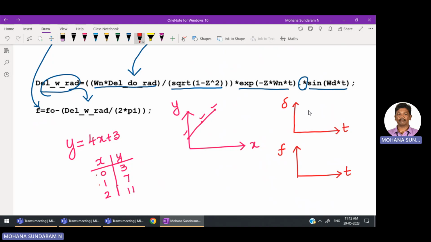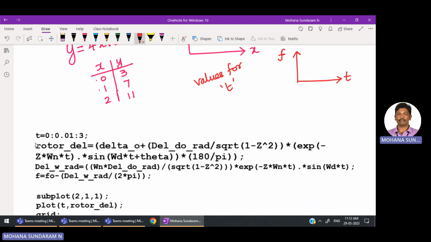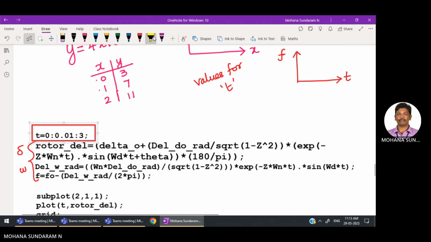Similarly, to plot this graph I need to give values for t. So that is why, looking at this curve, these are the equations, the rotor angle equation and the omega equation, above which I am going to have a range called t is equal to t naught.